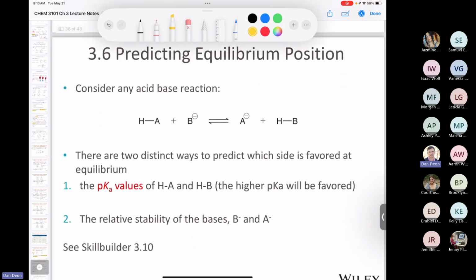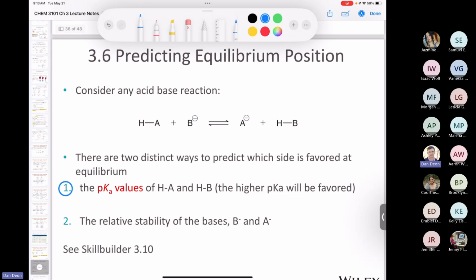All right, so let's go back to this idea of how do we predict the equilibria when you're on a quiz or an exam. Is the equilibrium going this way or is it going this way? Well, you've got a couple of choices, okay? Number one, your best option is always to go with pKa. If you know the pKa, you don't have to think about ARIO at all, my friend. Just forget it, because you don't need it.